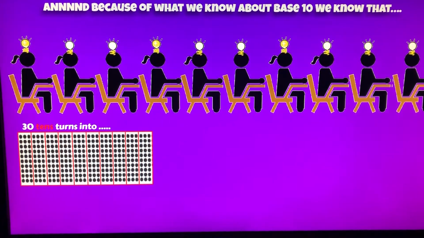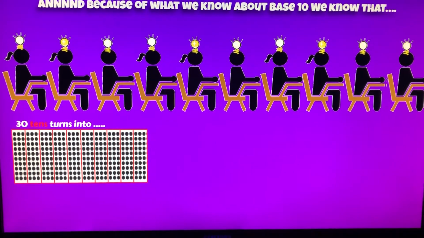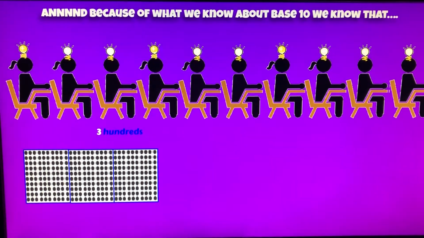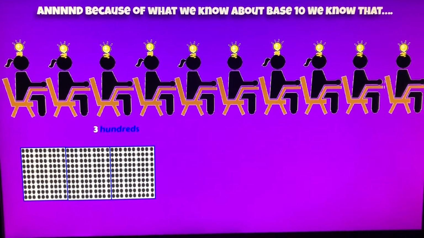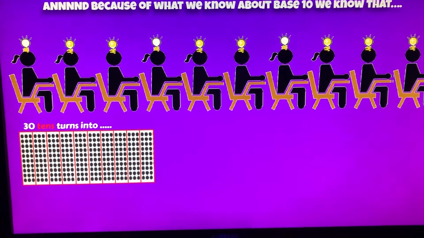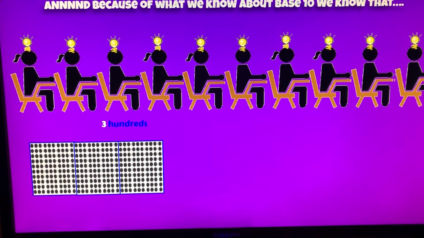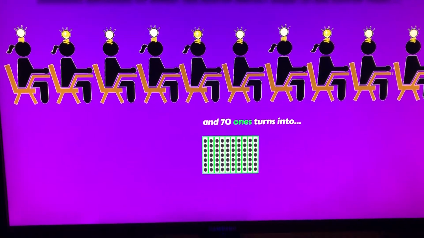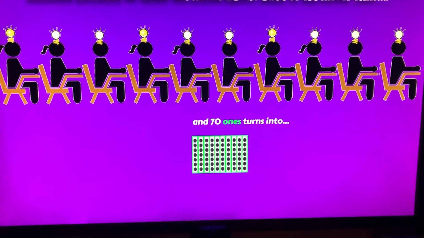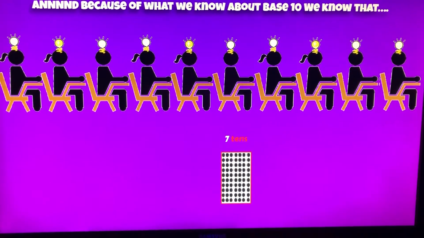And because of what we know about base 10, what does 30 10s turn into? 30 10s turn into 300s. So look at it again. 30 10s, because we can't have 30 in the tens place, it goes to 300. And 70 1s, we can't have 70 little 1 cubes, but they turn into 7 10s.